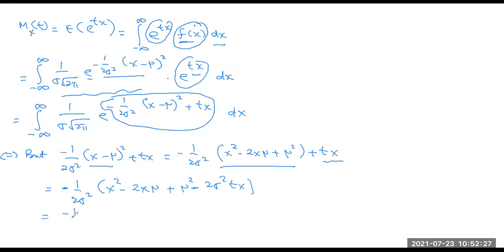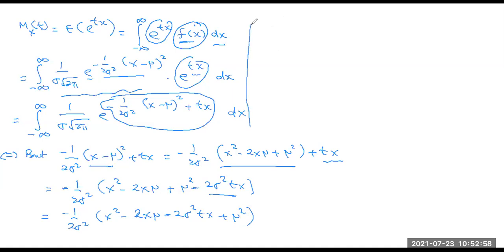So we can rearrange so that we have negative 1 over 2 sigma squared into x squared minus 2x mu, bring this here, so you have 2 sigma squared tx, then plus mu squared, like that. Okay. So we want to see if we can complete the squares.